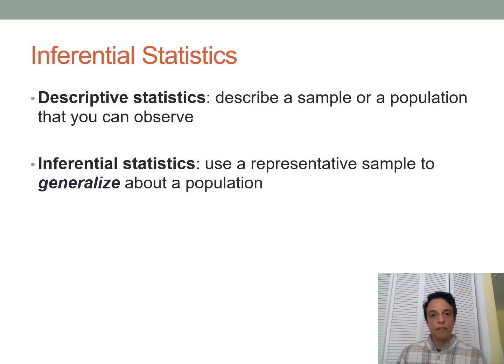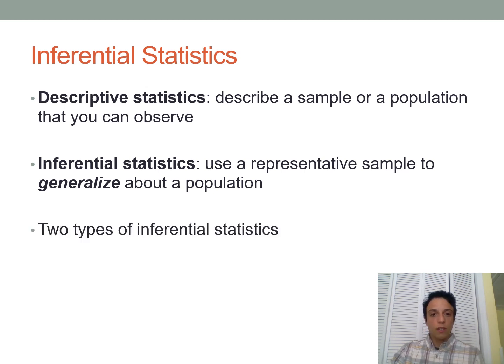And a key here in this definition that I've put up this time is this term representative sample. Because as we'll talk about, some samples are better than others. Some samples will allow you to learn about a broader population, while some will completely mislead you. So in this class, we're going to talk about representative samples, where they come from, and why they are going to be useful to us as we move into this unit of inferential statistics.